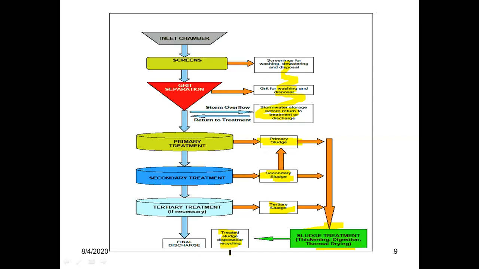In an ice cream factory or meat processing factory, some wastewater sludge may not contain heavy metals or toxic metals, so it can be reused as a fertilizer or for other land application. Those treated sludges can be used.